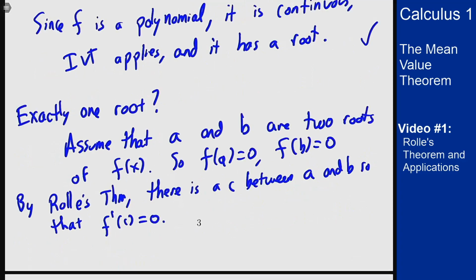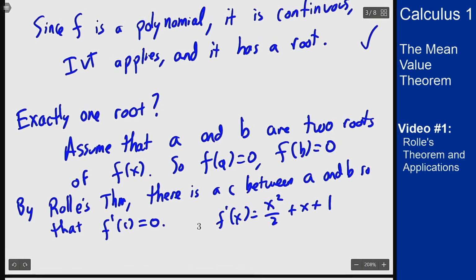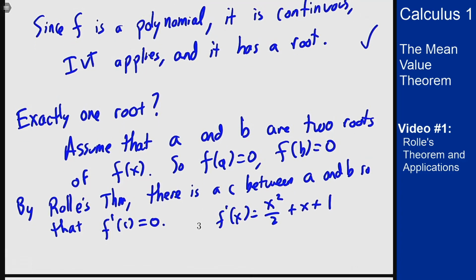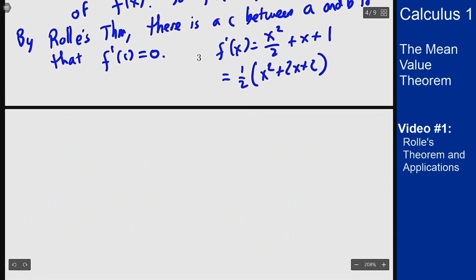Good. What's f prime? Well, f prime for this function is x squared over 2 plus x plus 1, just by taking a derivative. If I factor out a 1/2, I get 1/2 times x squared plus 2x plus 2, which if we look at this some more, is 1/2 times x squared plus 2x plus 1, plus 1.